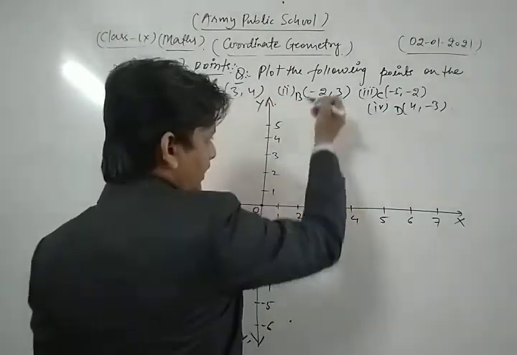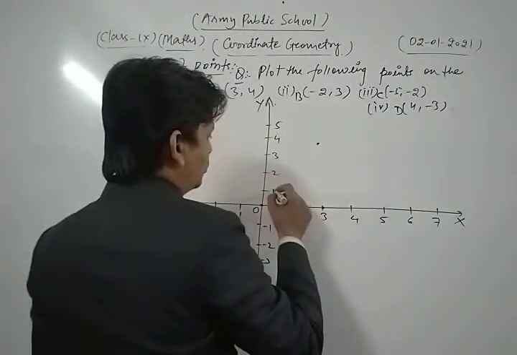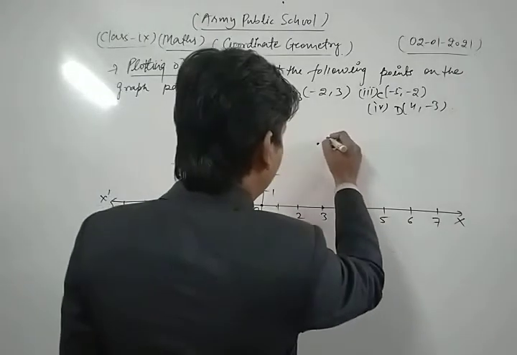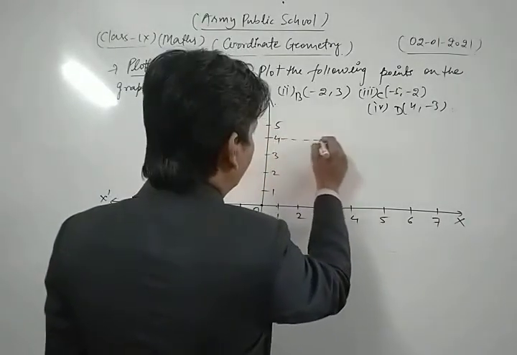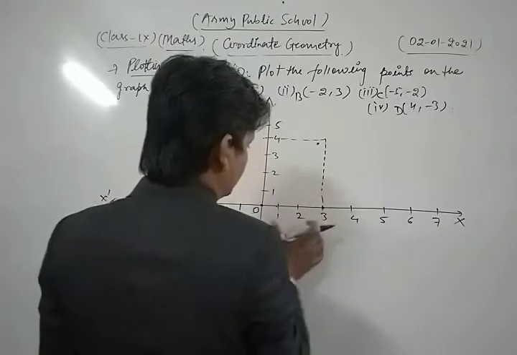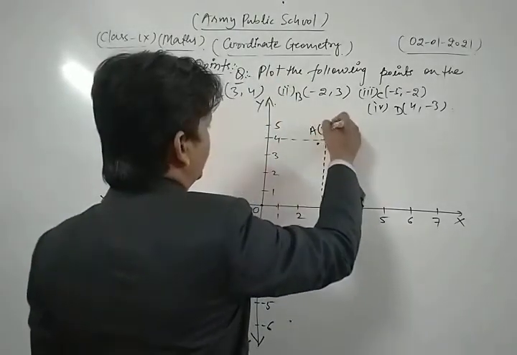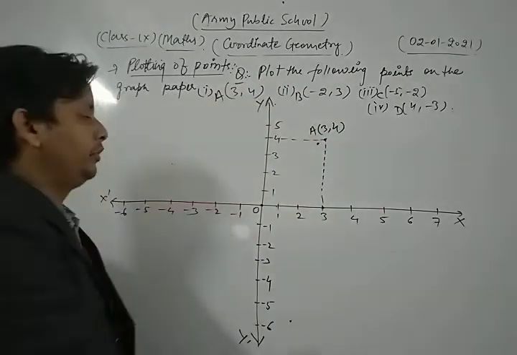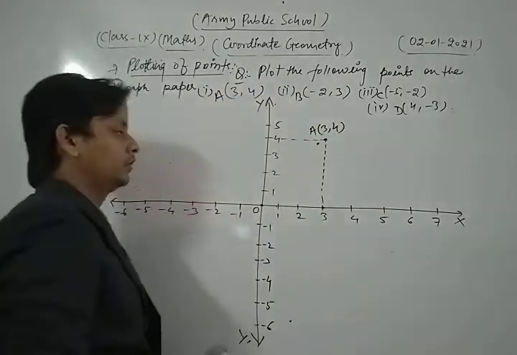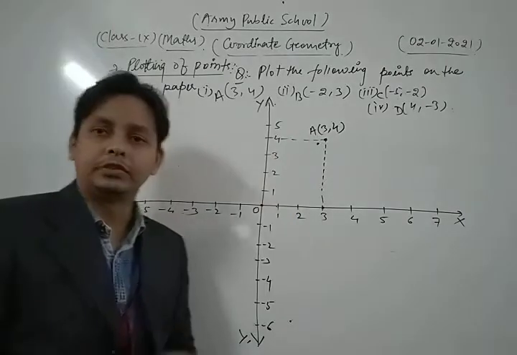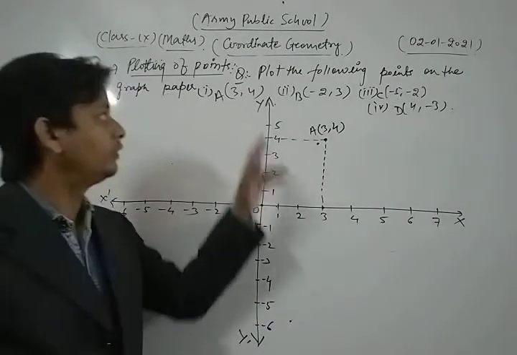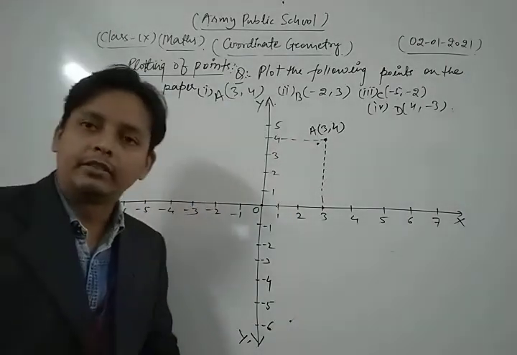This is plus 4, so we go upward 1, 2, 3, 4. This is plus 3, this is plus 4. Now this is the location of that point on the graph paper. This is (3, 4), the location of the first part of this question, because this point lies in the first quadrant.